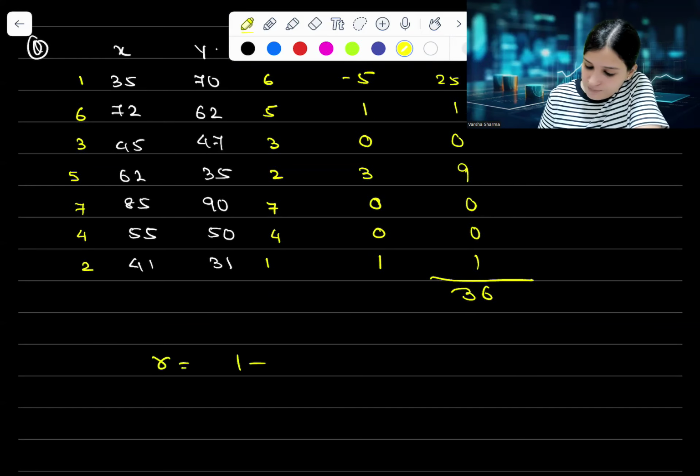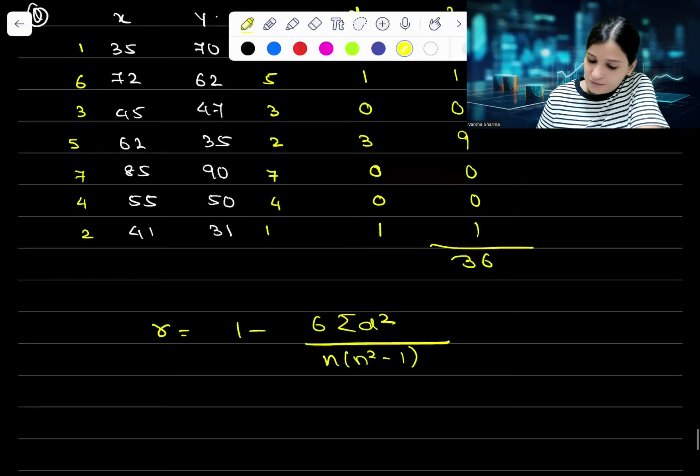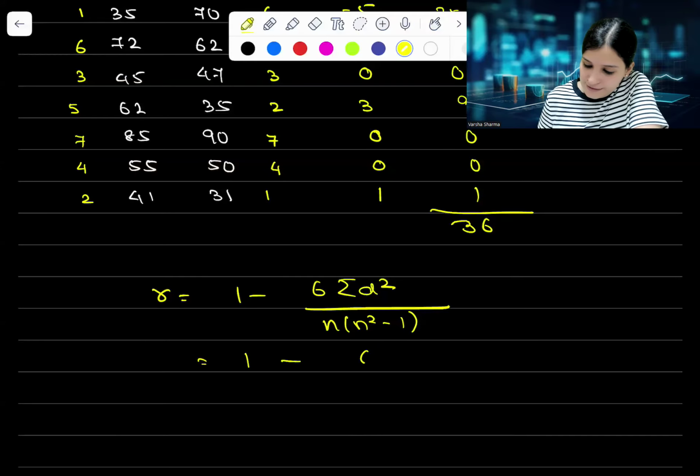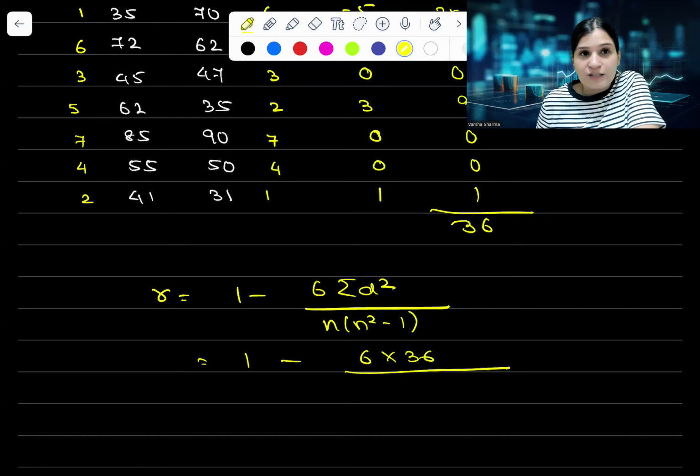R is 1 minus 6 summation D square over n into n square minus 1. Six summation D square, the sum of the squared differences in rank. N is obviously the number of observations. How many data were there? 7. So 7 into 7 square minus 1.